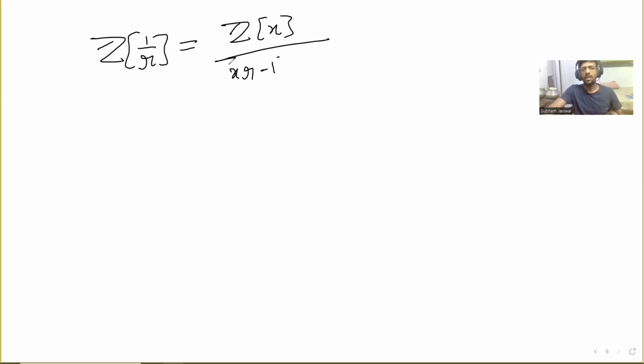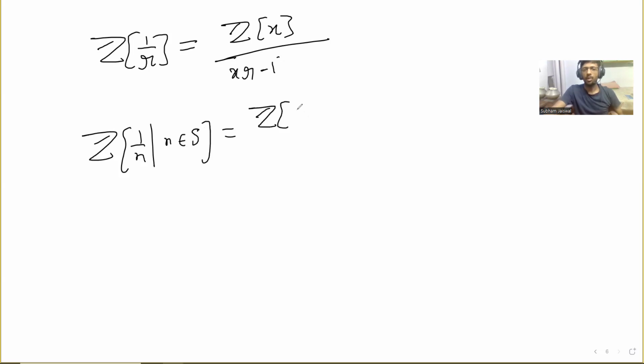Every time you localize a ring with respect to a multiplicatively closed set, the number of variables would depend on this.